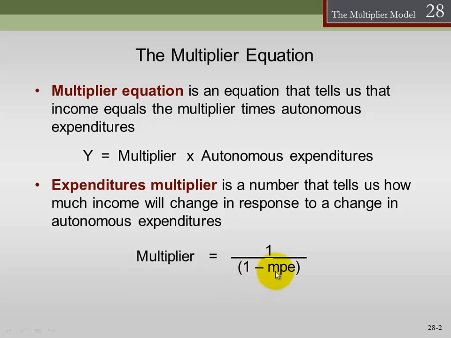Then 1 minus 0.8 would be 0.2, 1 over 0.2 would be 5, and so if autonomous expenditure was, say, 500, we would take that times 5 and end up with 2,500. Really, this should more correctly say changes in autonomous expenditure. So if we had a 500 change in autonomous expenditure, overall expenditure would change by 5 times that amount, or 2,500.